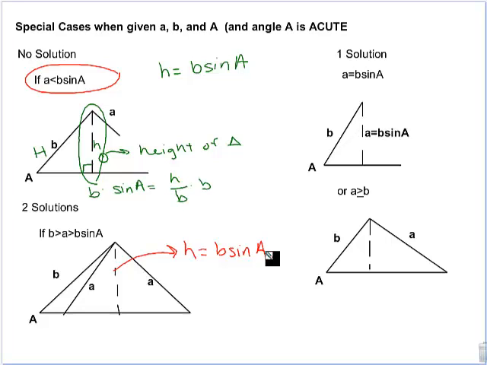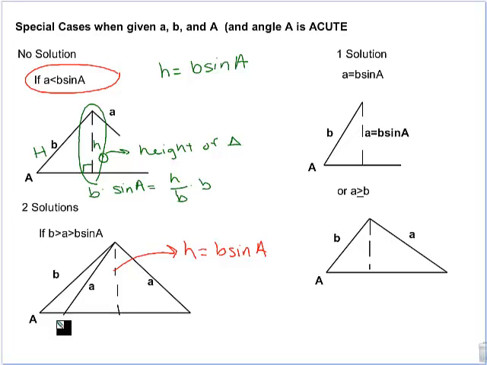So it connects in one spot and two spots, so we have two separate triangles. We have the large triangle, which is an acute one, and then this other triangle, which ends up being obtuse. So that gives us two solutions.